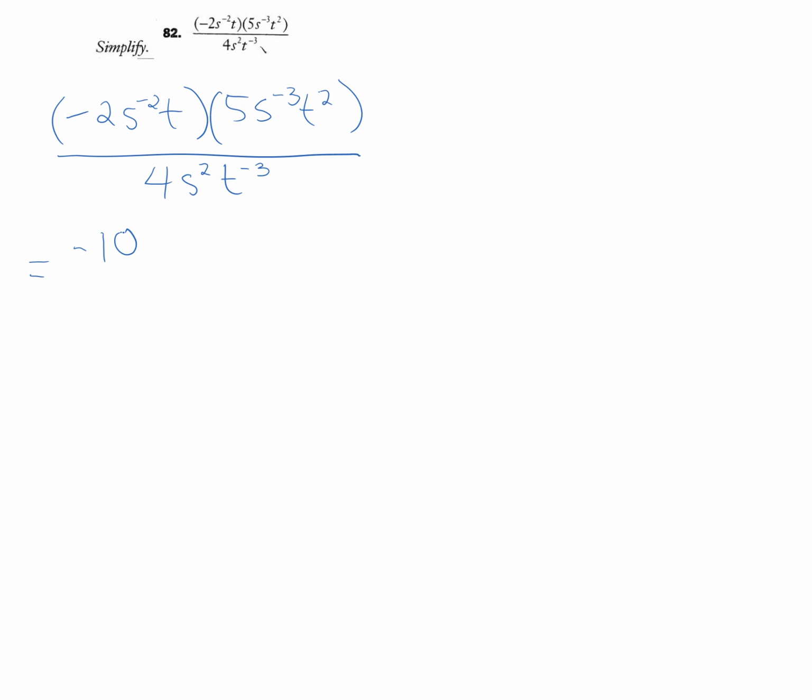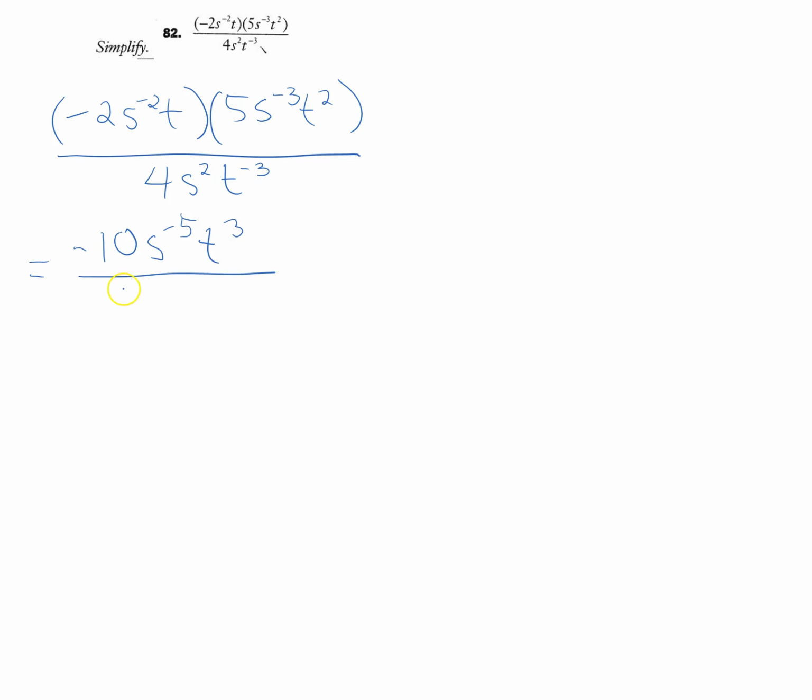So in this case, I have negative 2 plus negative 3, which gives me s to the power of negative 5. And I'm going to look at my t terms, and I have t to the power of 1 times t to the power of 2, which is going to be 1 plus 2 for the exponents, and that gives me t to the power of 3.